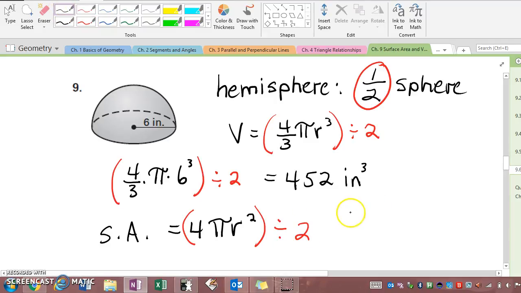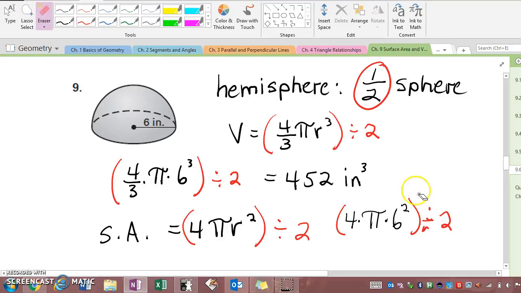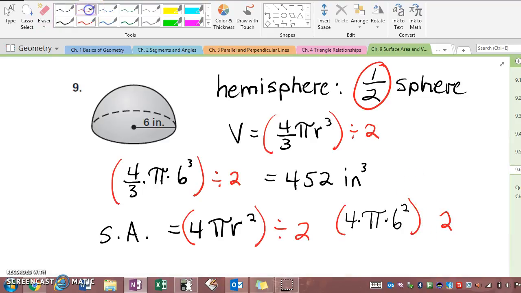Okay, so a couple different ways you can do this, but we'll just stick with this. We're going to say 4 times pi times 6 squared, and then we'll take that answer and divide it by 2. That's not too pretty, is it? This is a division sign.